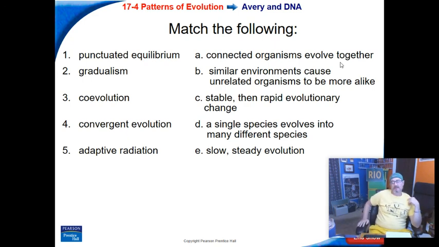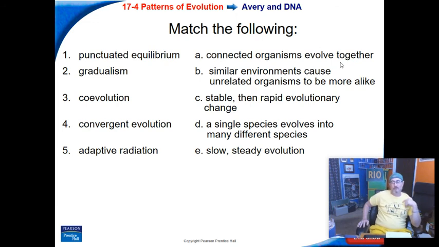All right, let's see if we can do some matching here. Number 1, take a look back at number 48. Yeah, so number one is going to be C, stable, then rapid evolutionary change.